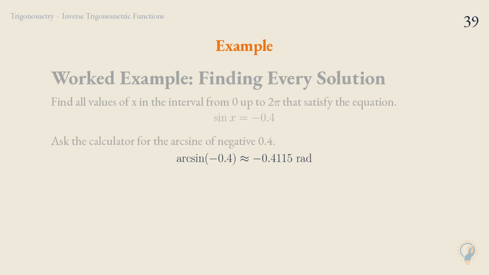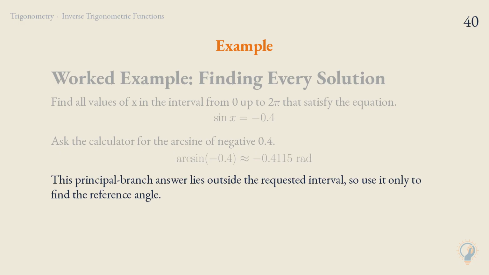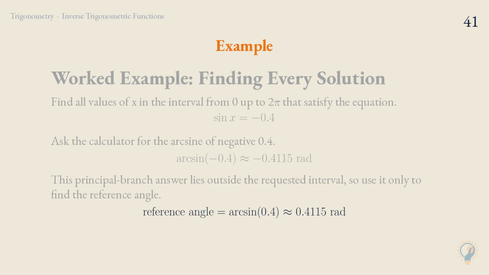The arcsine of negative 0.4 is about negative 0.4115 radians. This principal branch answer lies outside the requested interval, so use it only to find the reference angle. The reference angle is the arcsine of 0.4, about 0.4115 radians.